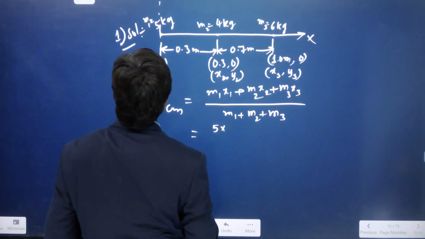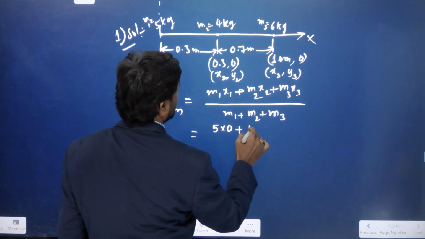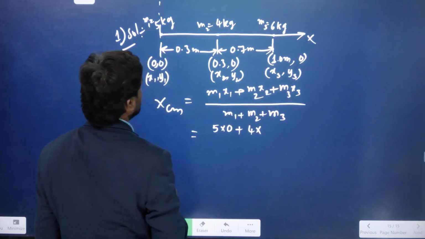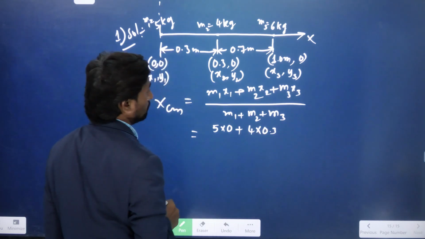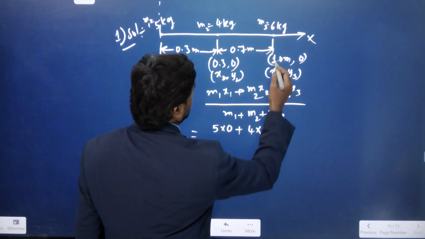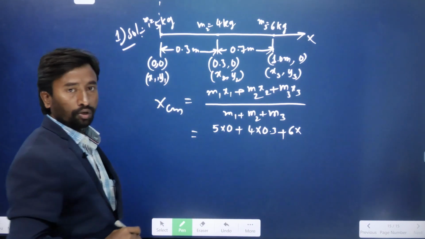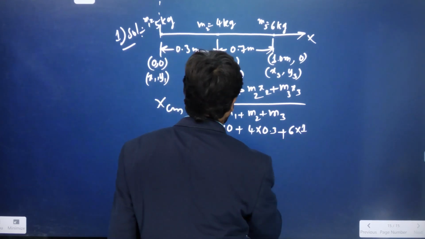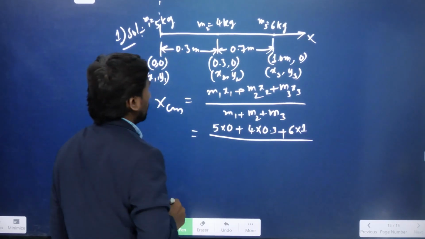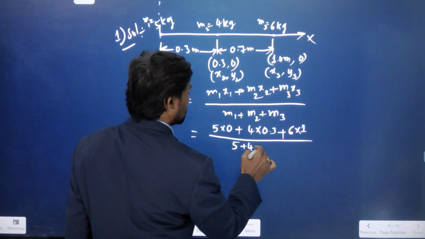So the m1 mass is 5 kg and x1 is 0, plus the m2 mass is 4 kg and its distance from the origin x2 is 0.3, plus the m3 mass, it is 6 into its distance from the origin, which is 1. 1.0 means it is 1 only. Divided by m1 plus m2 plus m3, so 5 plus 4 plus 6.